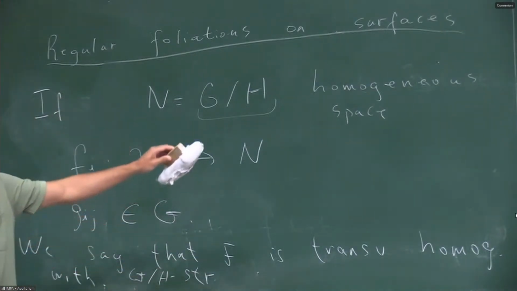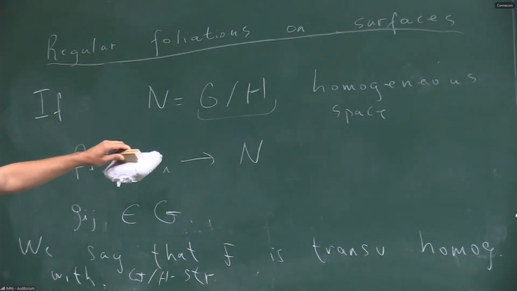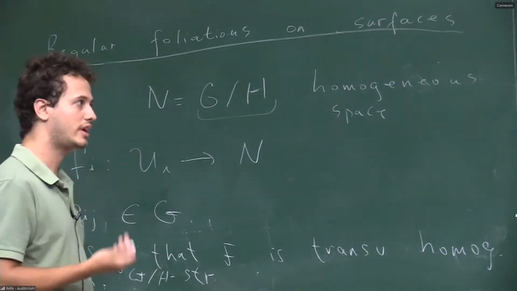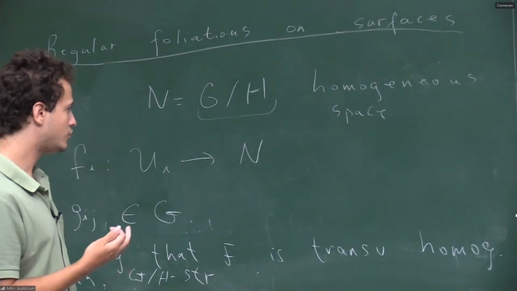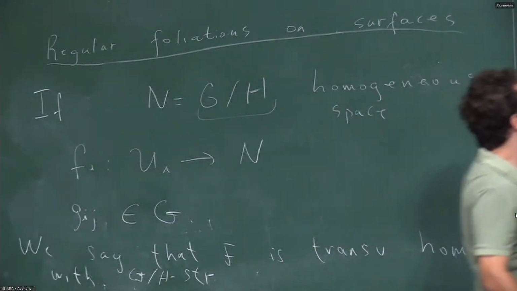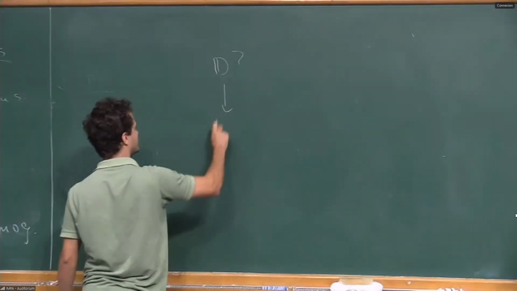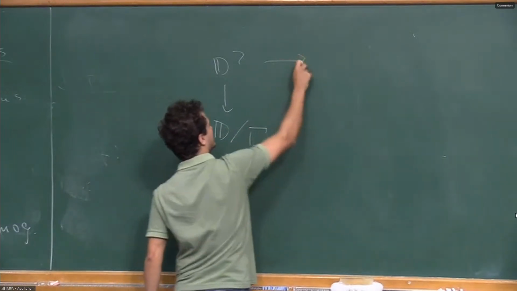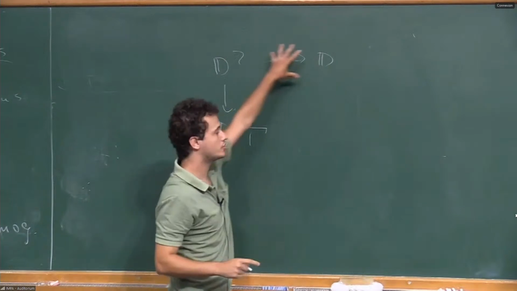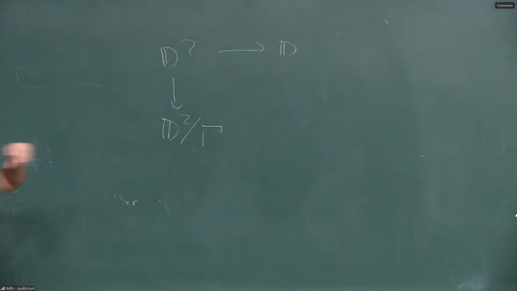So all this is to say that in the example I gave before, the foliations have this kind of structure. Let me remind you, the foliations are given by the projections; you consider the projections and push it down to this surface.